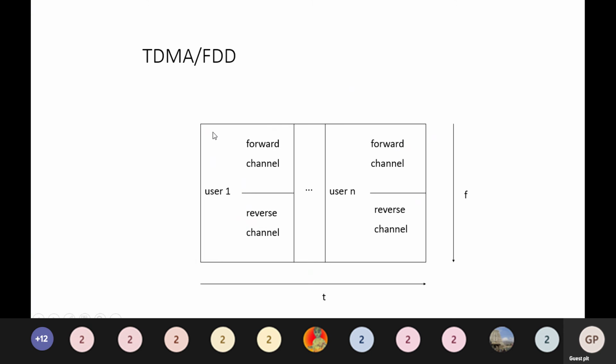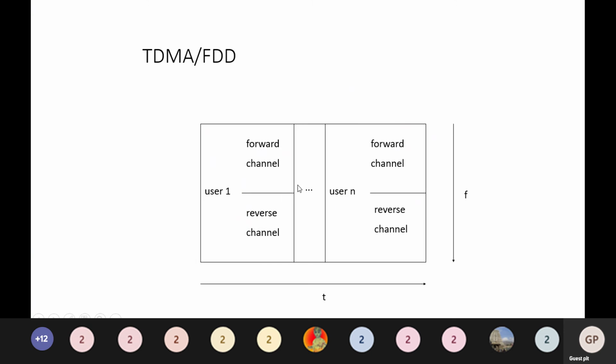User one has only this particular time slot, but uses two frequencies, one for the forward channel and the other for the reverse channel. Likewise for user two up to user n.